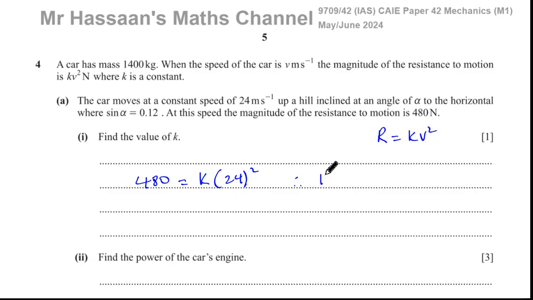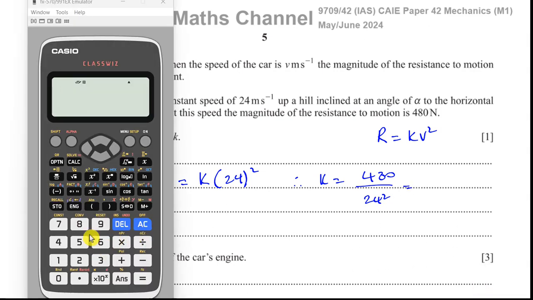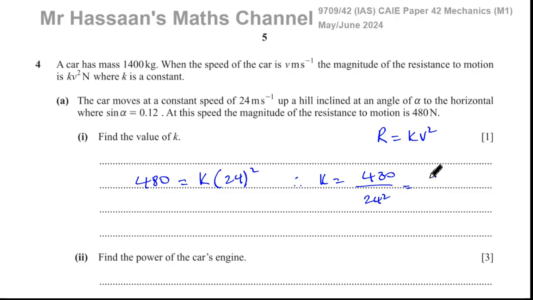That means k is going to be 480 over 24 squared. So you have 480 divided by 24 squared, which gives you 5 over 6. So k is equal to 5 over 6. I'll leave it as an exact fraction, that's fine.